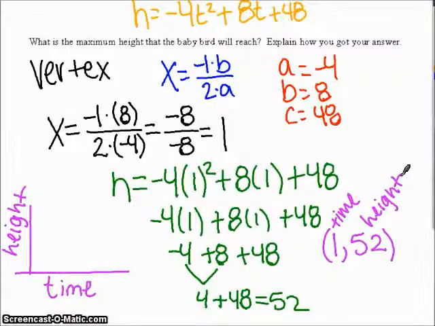So to answer the question, what is the maximum height that the baby bird will reach, our answer would be 52 feet. The baby bird will reach a height of 52 feet. I know this because that's the y-coordinate of the vertex.